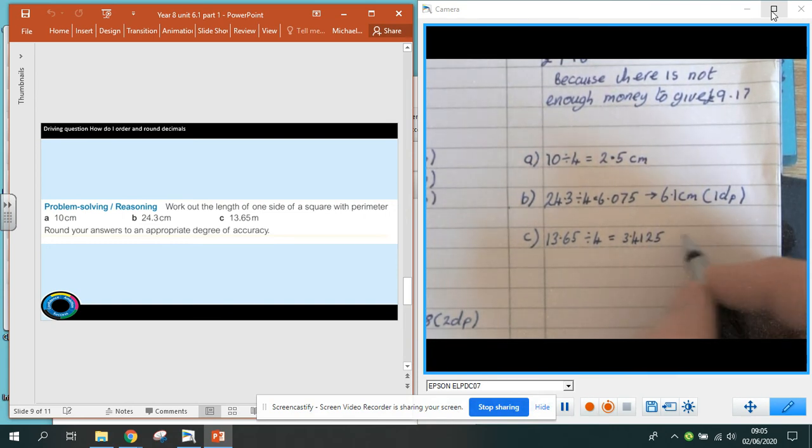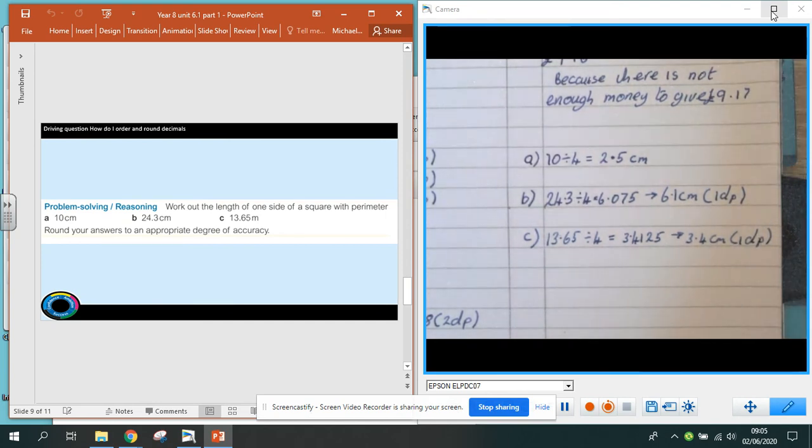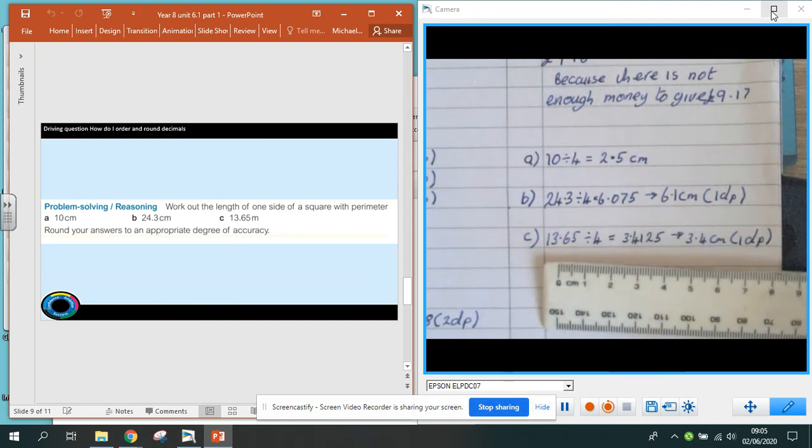Once again, 1 decimal place, 3.4 centimetres, 1 decimal place. I hope the ruler helps to understand what we're talking about when we're talking about degrees of accuracy. It's a concept that you're going to meet quite regularly in maths, and especially science, as you progress. So it's very important we understand exactly what it means now.